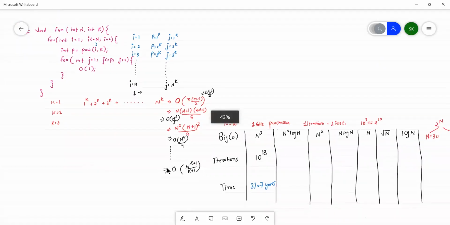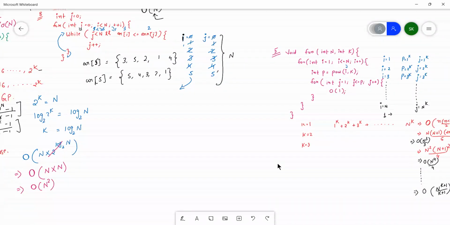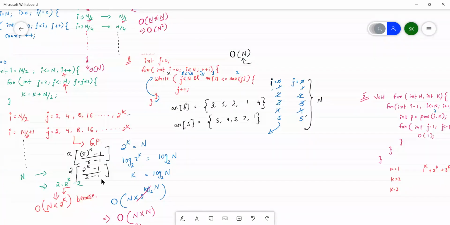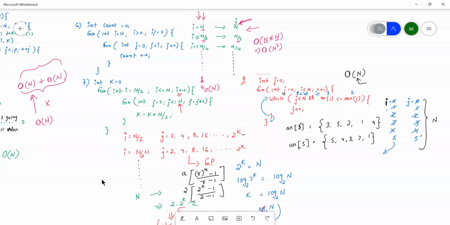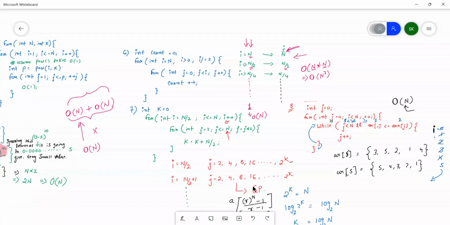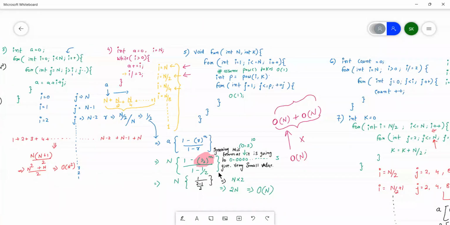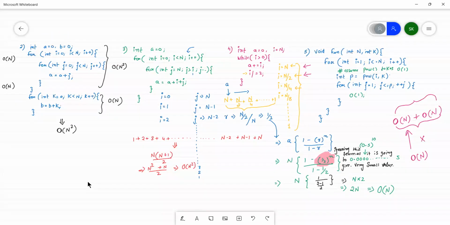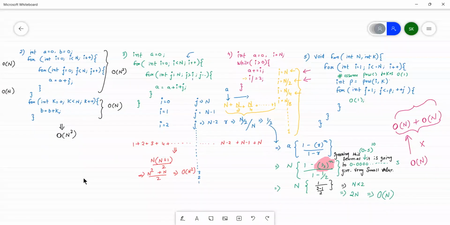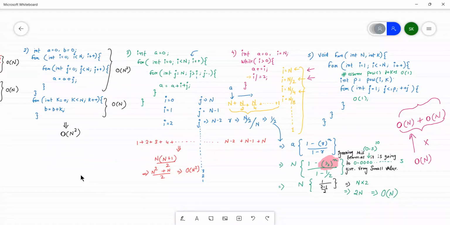Let me see. You are talking about question number 6, compare it with 2. Both have the answer as order of n. Question number 2 is order of n square, right? And question 4 is also n square.